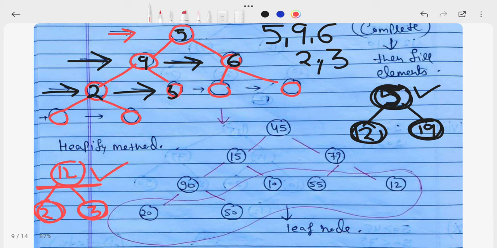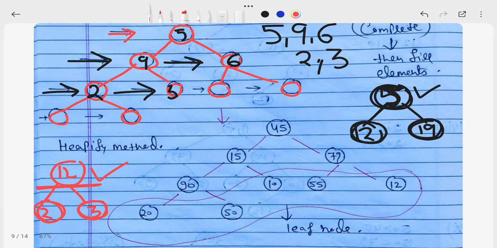So heap means you use a complete binary tree; minimum means every time the father is smaller, and maximum means every time the father is greater than the child.